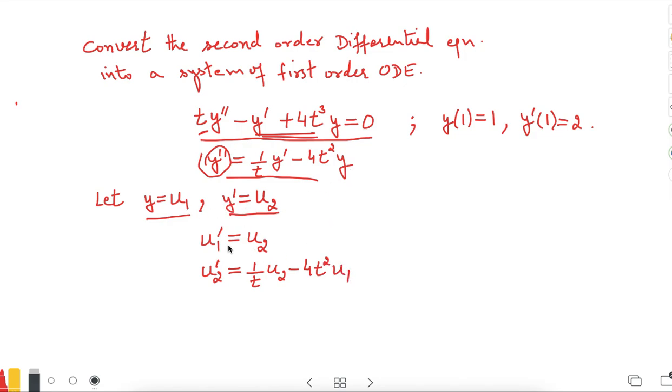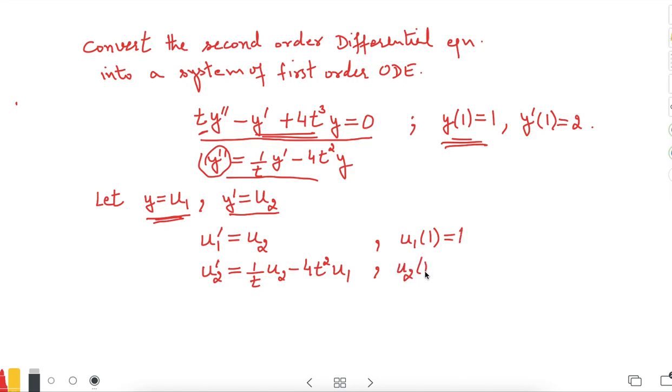So immediately I have the system of equations, and each equation will be linked to one condition. The first equation will have the condition from u1, u1 at 1. So u1 at 1 means y value at 1, and y value at 1 is 1. So u1 at 1 is 1.